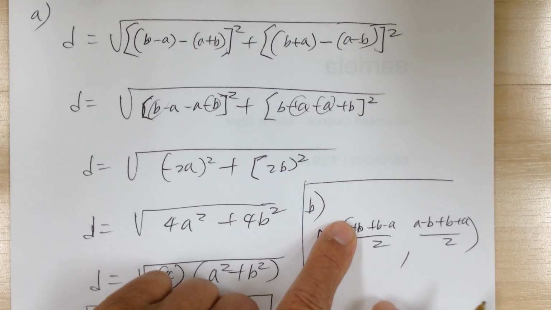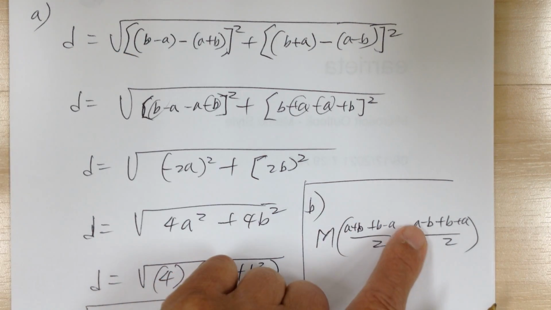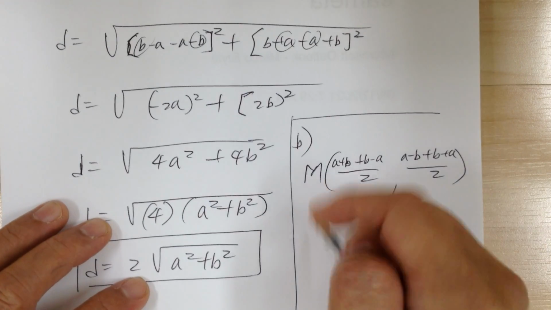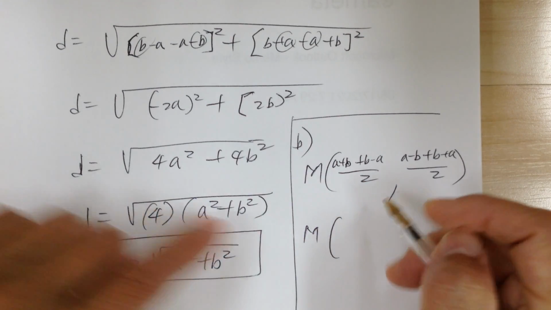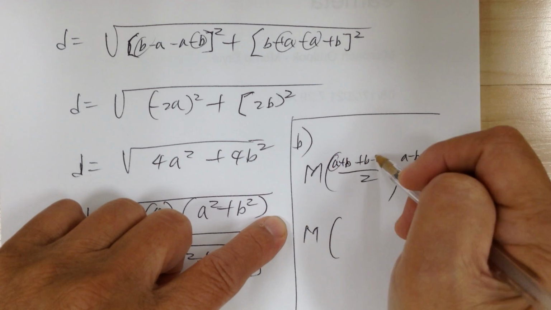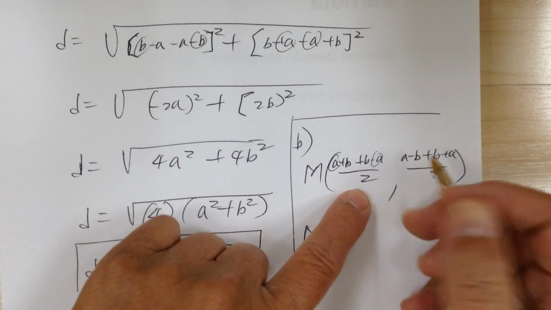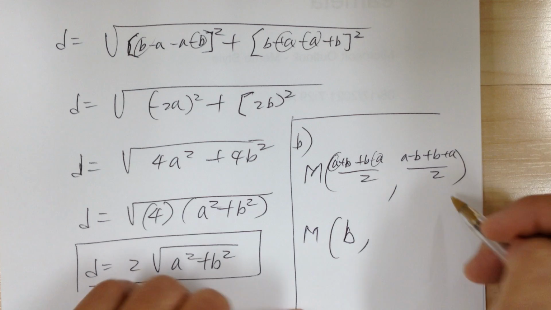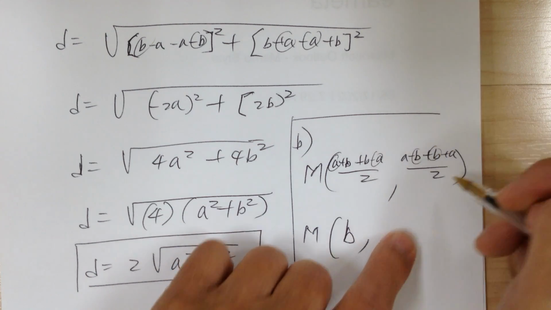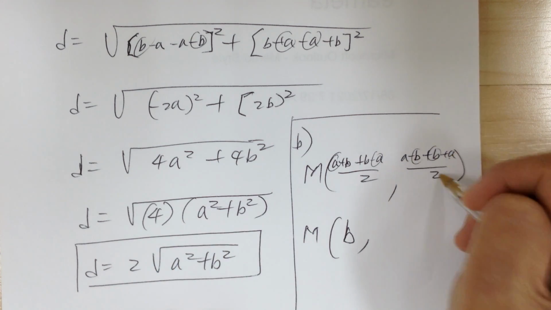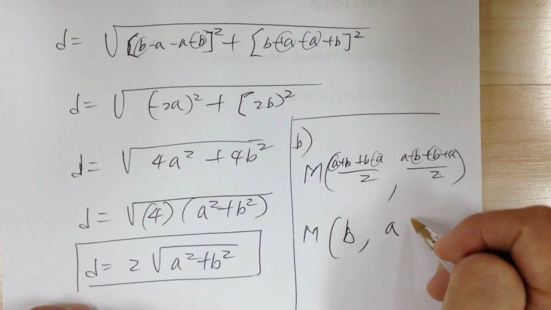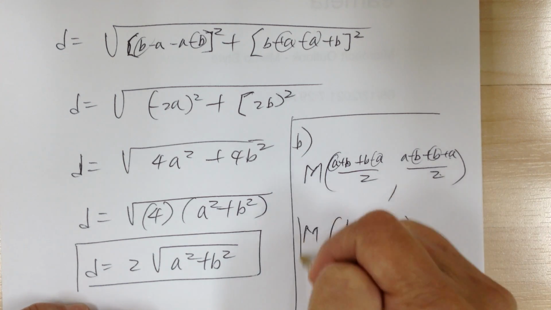So it's x1 plus x2 over 2, y1 plus y2 over 2. When you add, the A is going to cancel out, so you're going to get 2B over 2, which gives you B. Over here the B will cancel out, so A plus A is 2A, 2A over 2 will give you A. And so that's your midpoint.